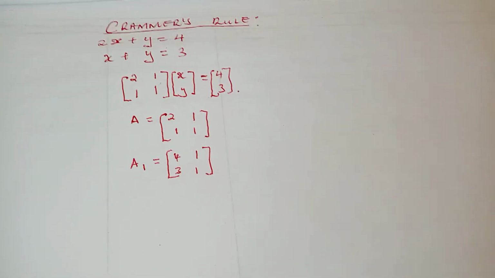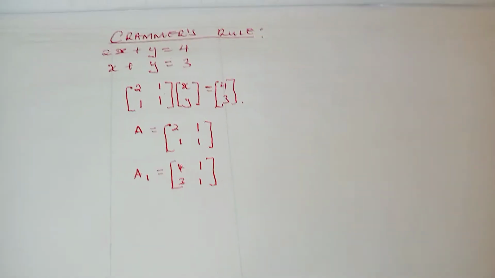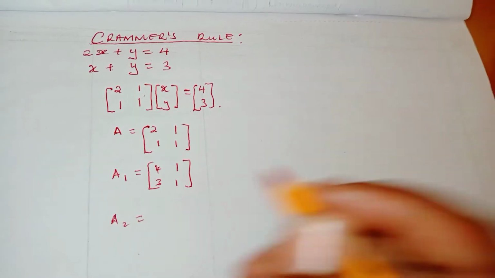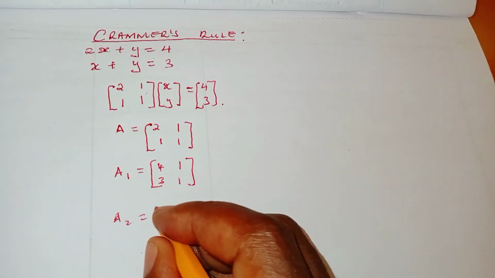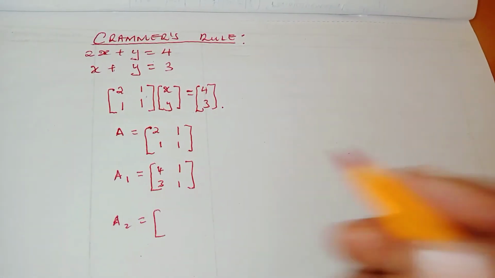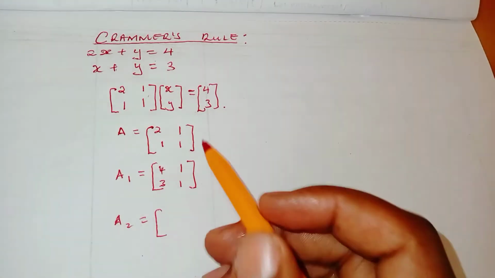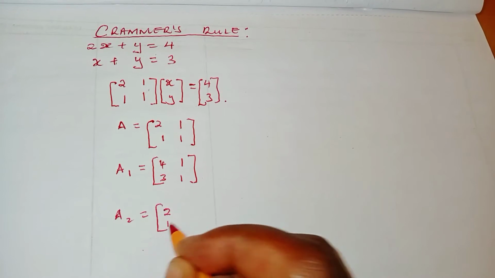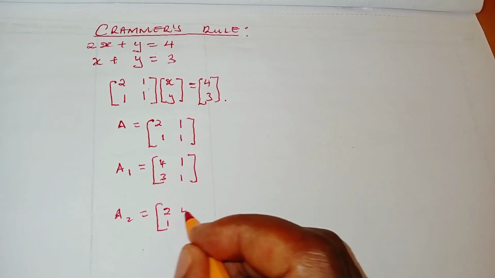Then A sub 2 is a matrix formed when we take the second column and replace it with 4, 3. So we have 2, 1, then 4, 3.